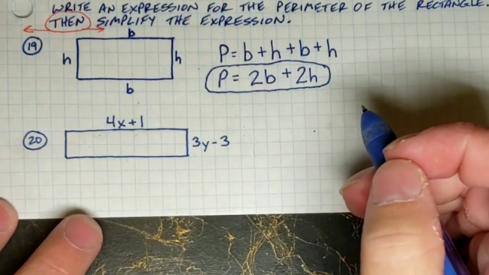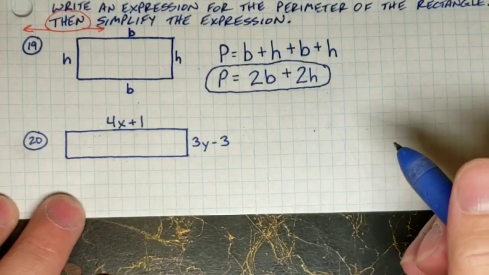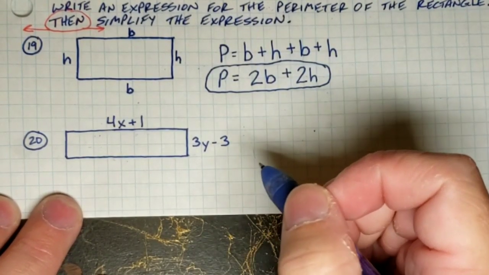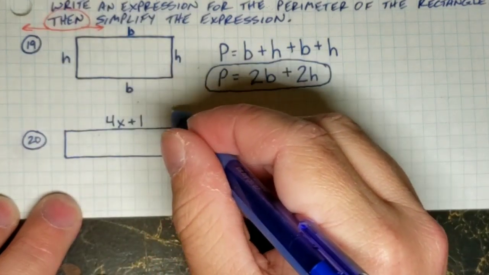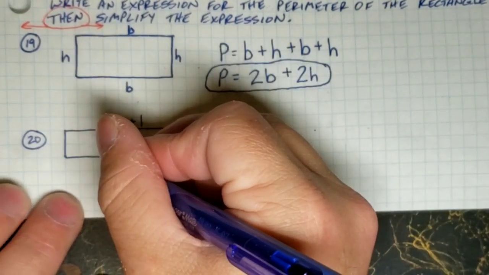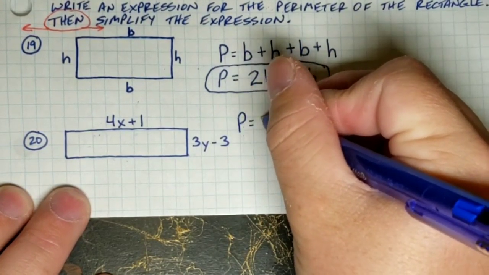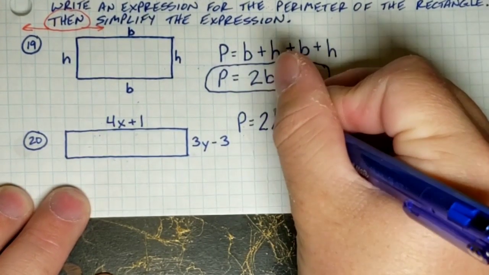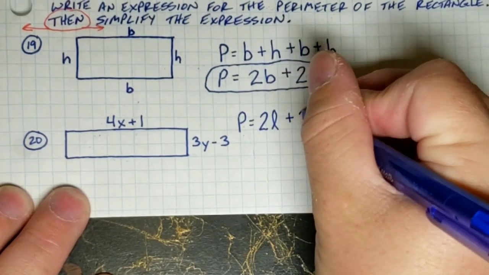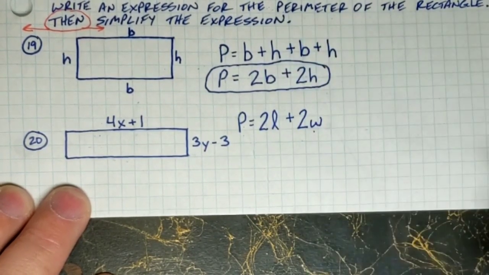Now this one is a little bit more involved, but it's the same concept. First of all, remember that if you're going to find the perimeter, we want to make sure we label all of the sides. Or we could use the formula for a rectangle, which was 2 times the length plus 2 times the width.